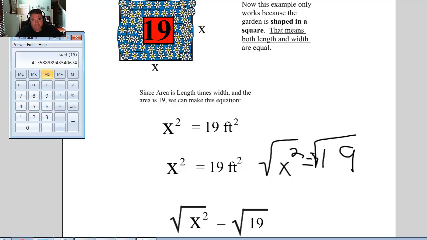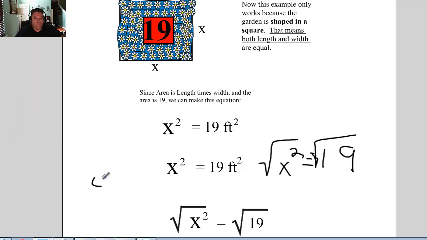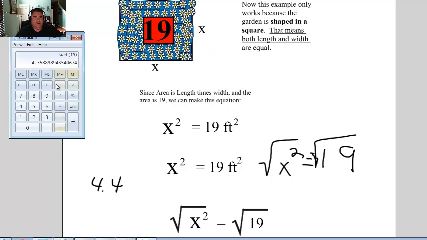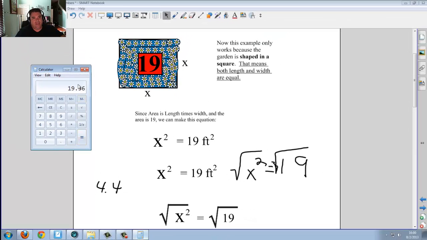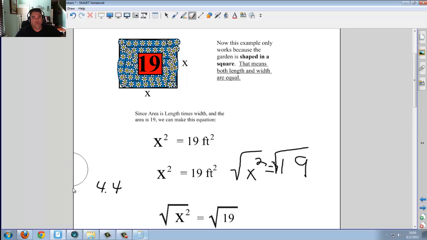If I round it up, we'll say 4.4. So basically, if I made each side 4.4, I'd be pretty close to 19. If you notice, if I go ahead and take 4.4 times 4.4, notice that I get a little over 19, but I'm really close. So my estimate of about 4.4 on each side would get me really close to 19.